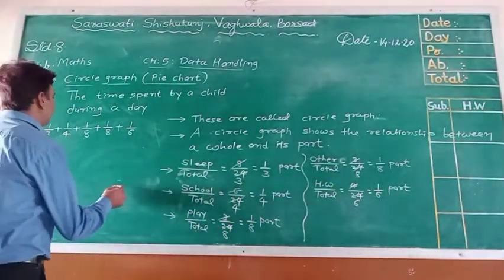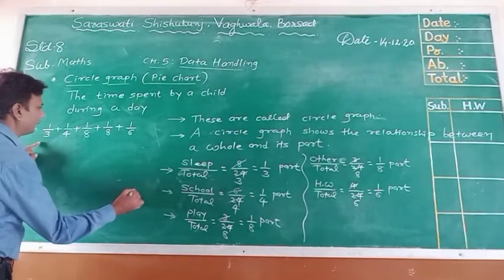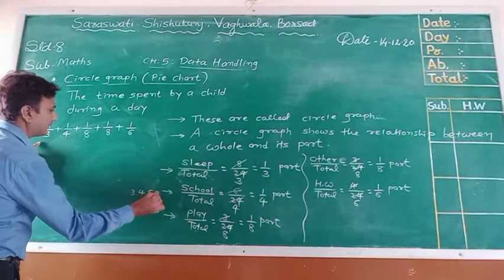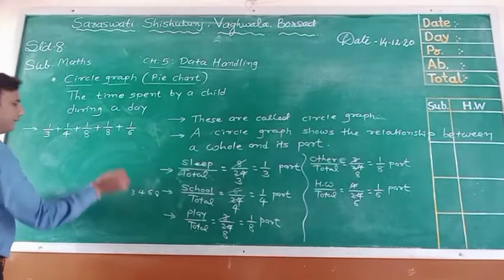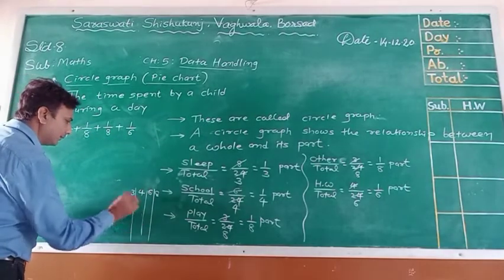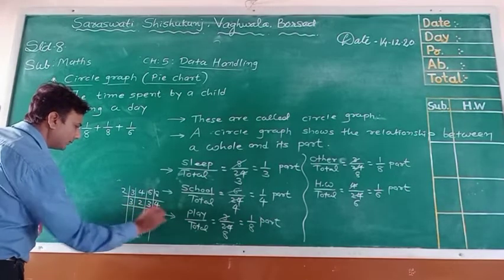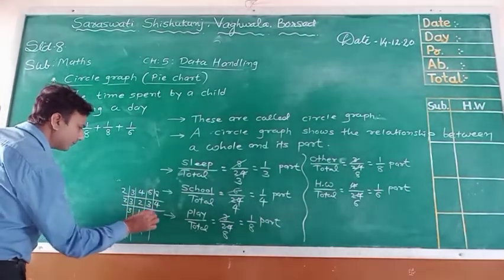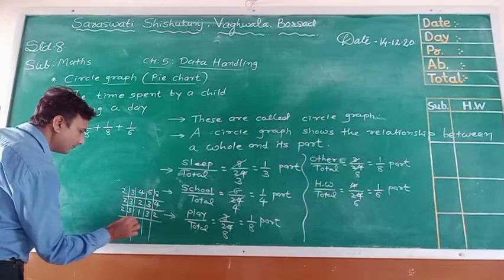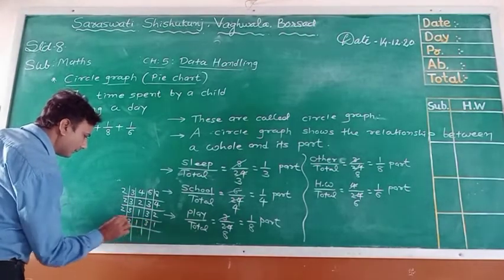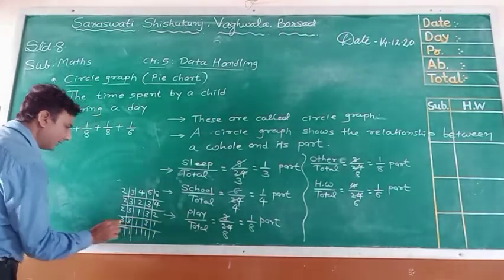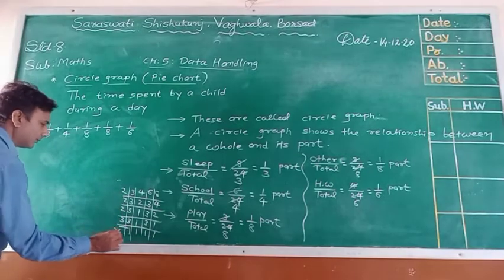Now we need the LCM of 3, 4, 6, 8. The multiples go 3, 6, 12, 24.